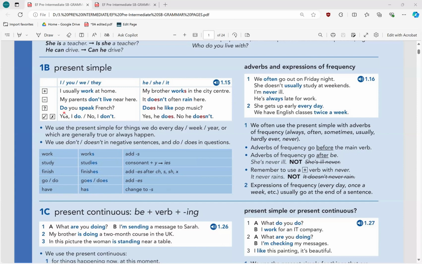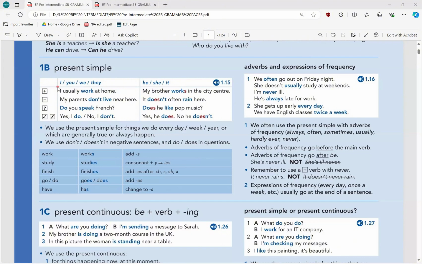We put do before the subject, like you, I, we, they. So, do you speak French? After do, we use the infinitive. Do you speak French? And then the answer: yes, I do, if it's positive, or no, I don't, if it's negative.